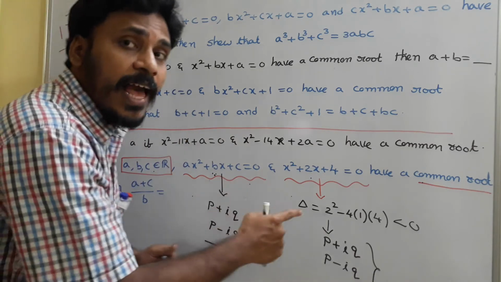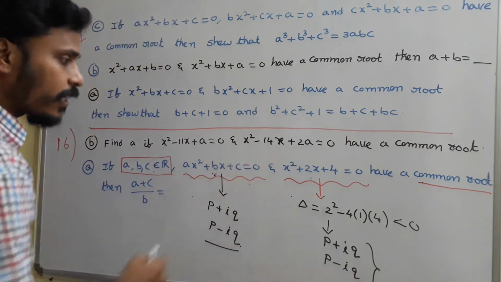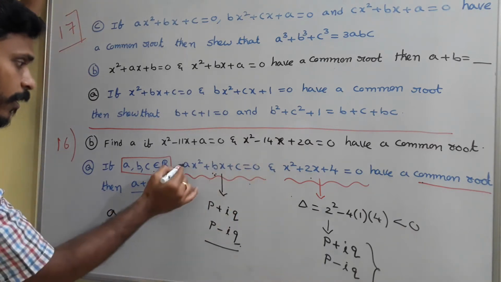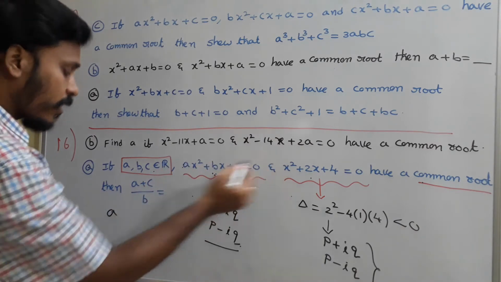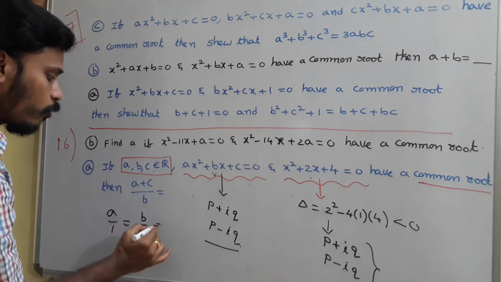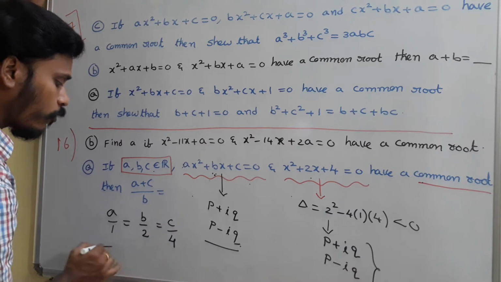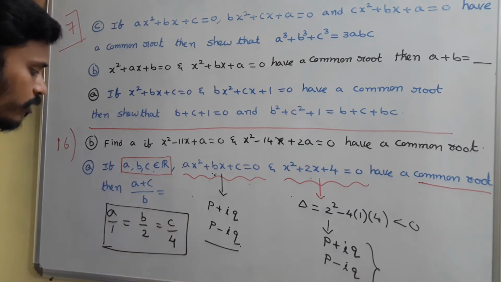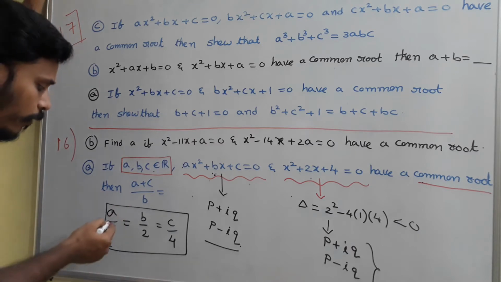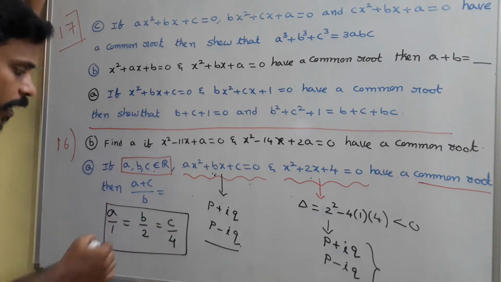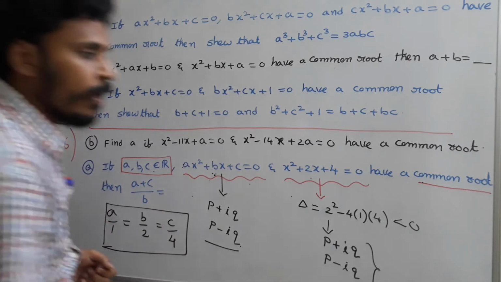Since they have two common roots, it is very clear that the coefficients are in the same ratio. So the coefficient of x square is 1, and a by 1 equals b by 2 equals c by 4. Whenever a by 1 equals b by 2 equals c by 4, we can write a equals some k, b equals 2k, c equals 4k.